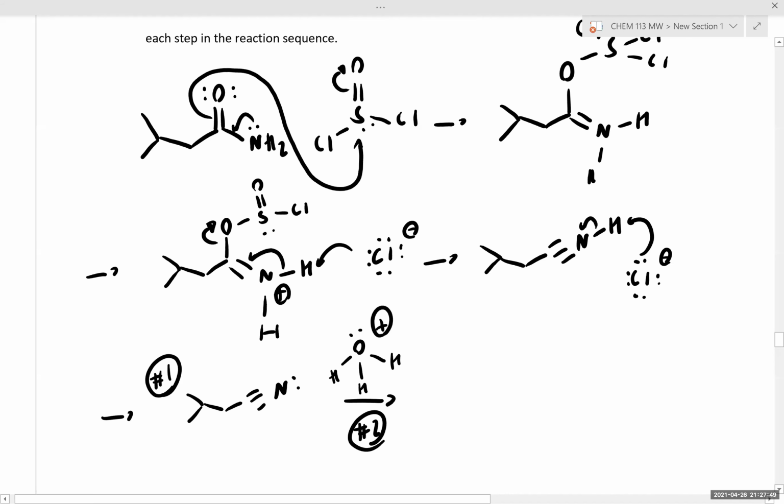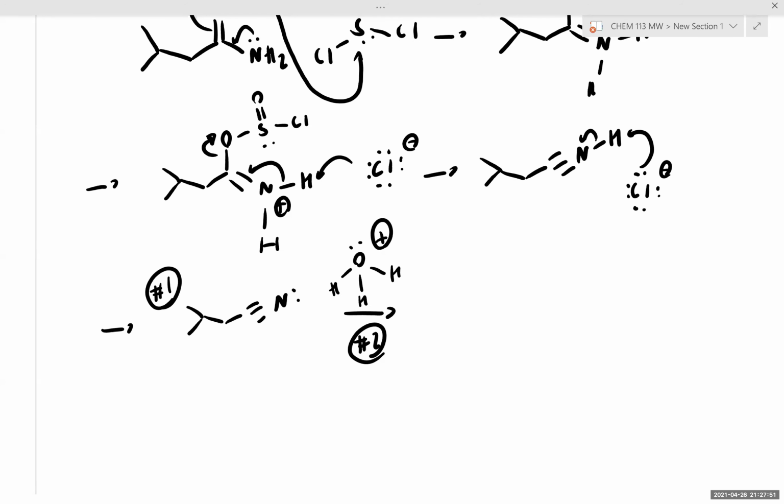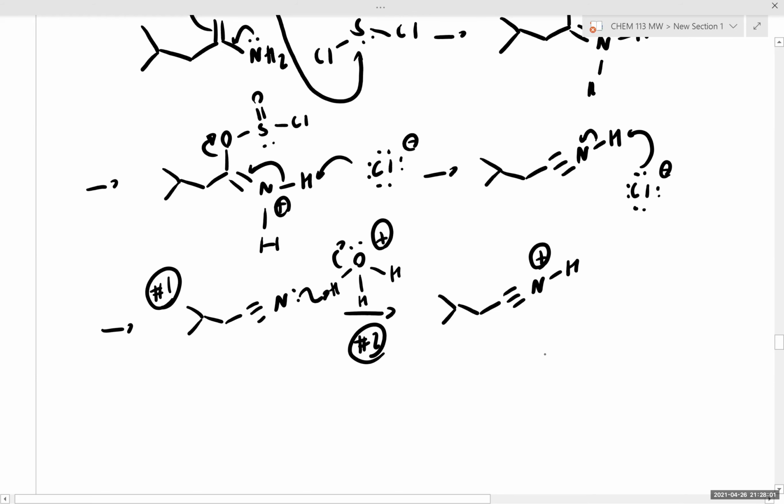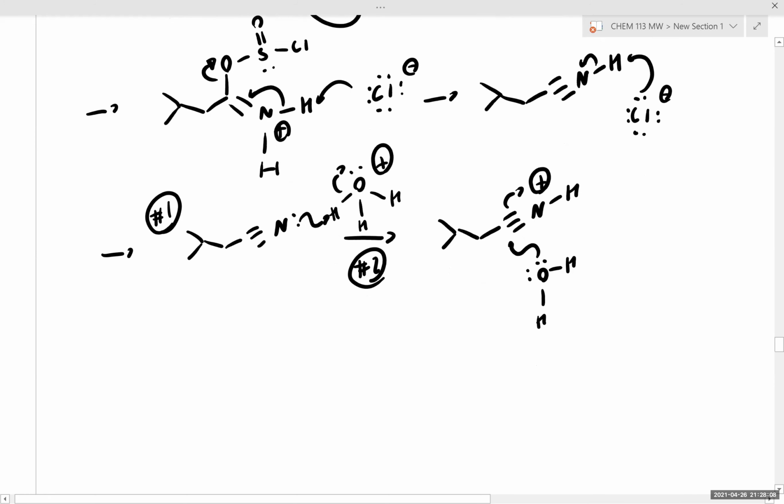So when we treat this nitrile with strong acid, these are hallmark conditions for us to make a carboxylic acid. So in our first step, we're going to protonate our nitrile. Then water will attack our nitrile at the electrophilic carbon.